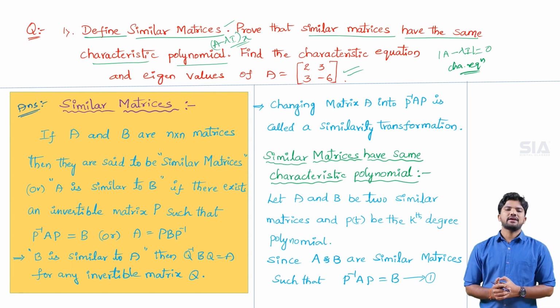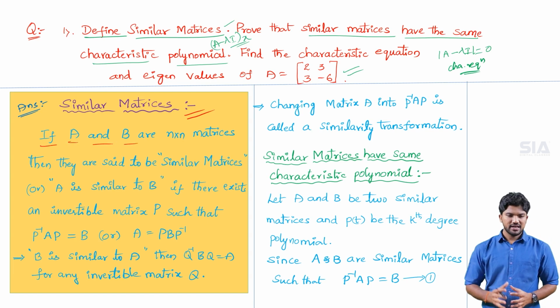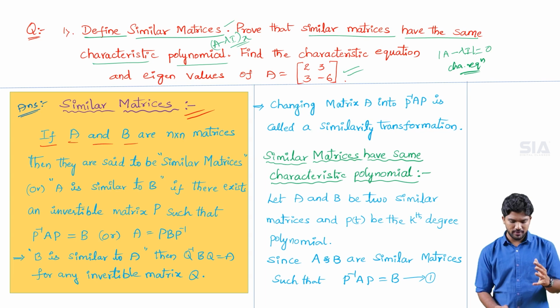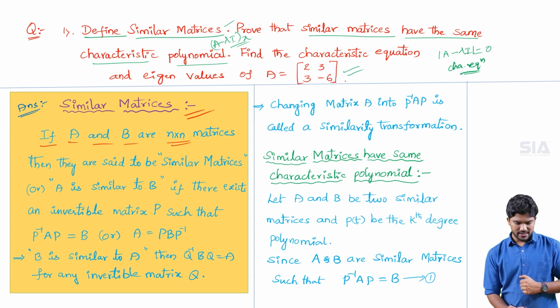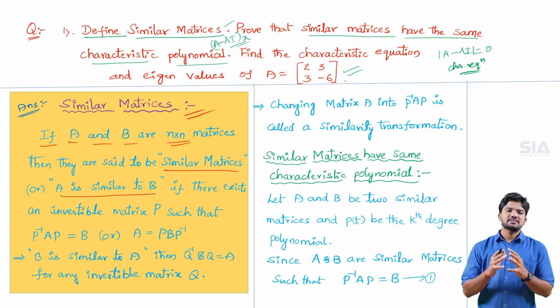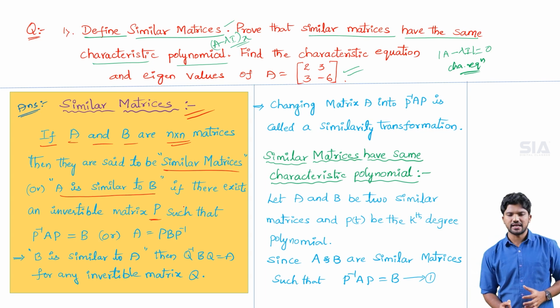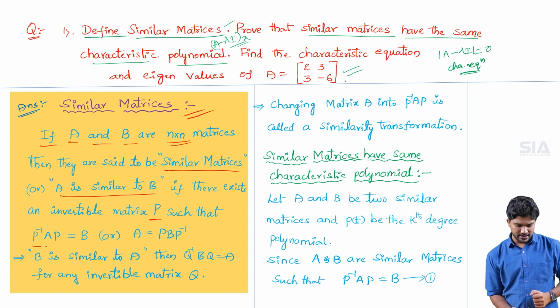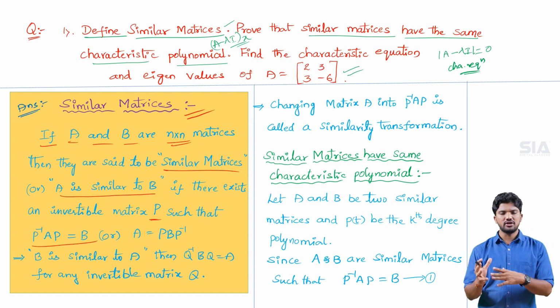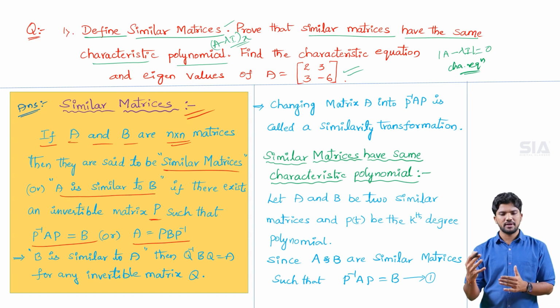Now we are starting the definition of this problem. Similar matrices, definition: if A and B are n by n matrices, that is, square matrices, then those two square matrices are said to be similar matrices, or capital A is said to be similar to capital B, if there exists an invertible matrix capital P such that the relation between them is P inverse A P is equal to capital B, or A is equal to P B P inverse.